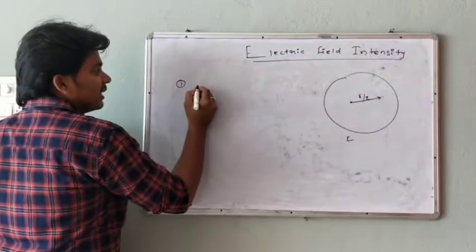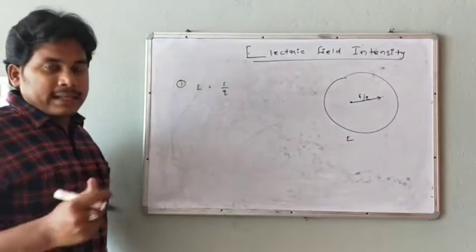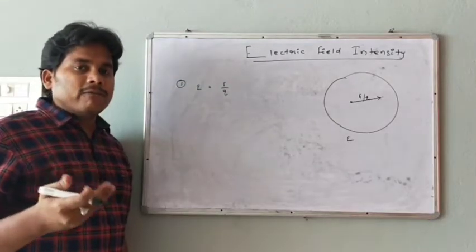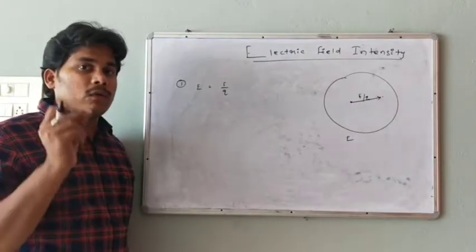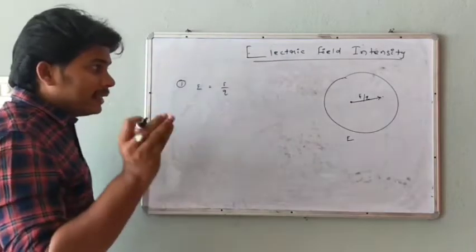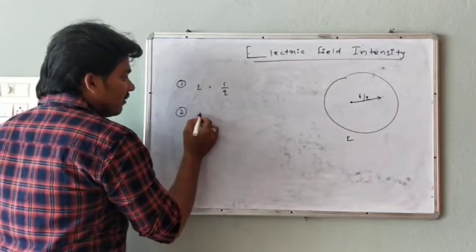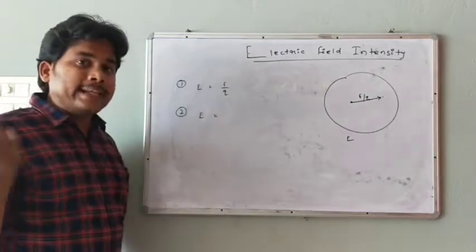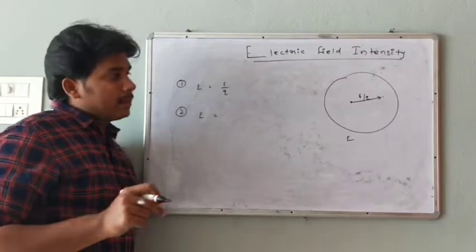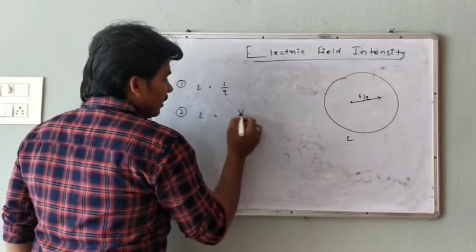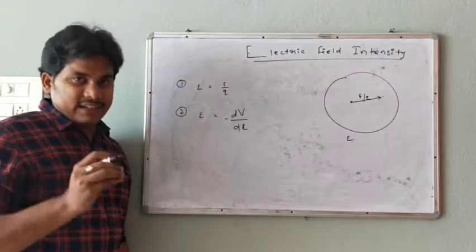Simply we can say E is equal to F by Q. In addition to this, later on when you read about the electric potential, you will gain another relation with the electric field intensity: the electric field intensity is the negative gradient of electric potential. That means the electric potential V, as minus dV by dL, will give the electric field intensity.